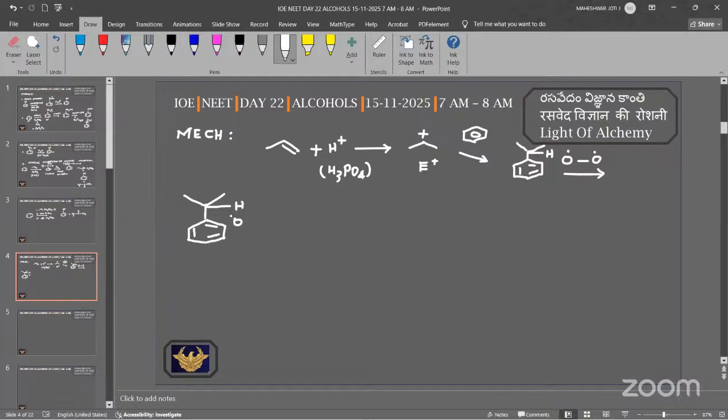See, this is one oxygen radical. This is another oxygen radical. Now, this carbon hydrogen bond also undergoes homolytic cleavage. One electron interacts with this one radical. Another electron interacts with this other radical. So, in between carbon and hydrogen, oxygen is present.